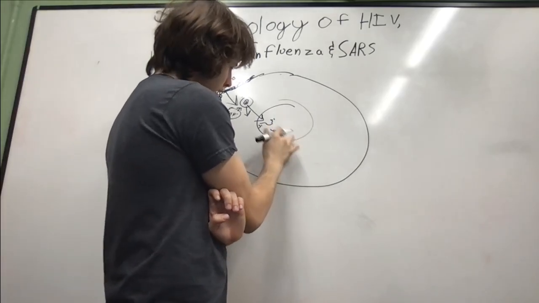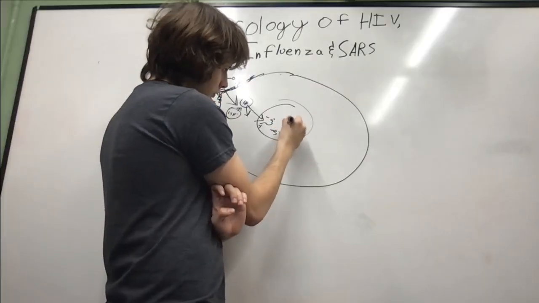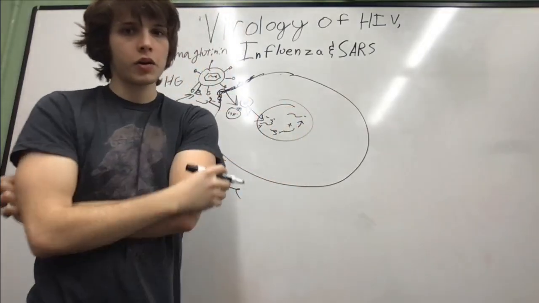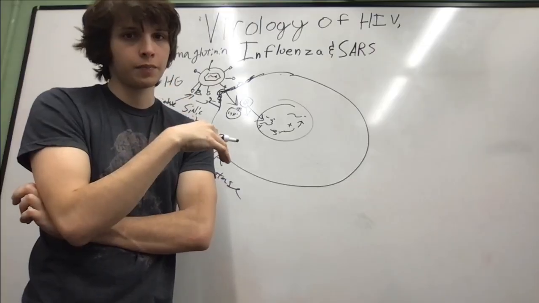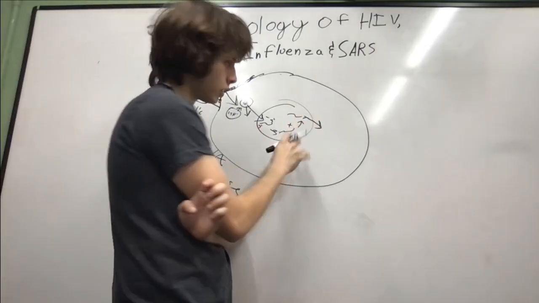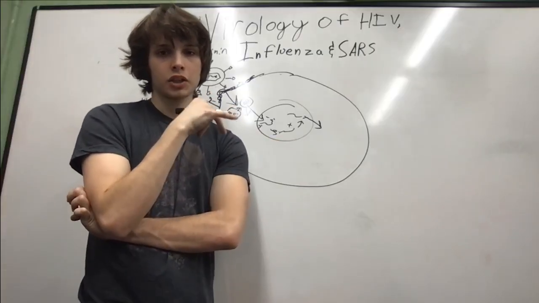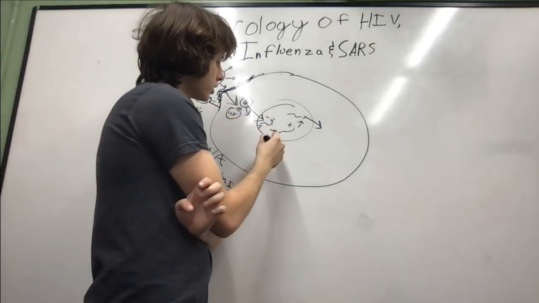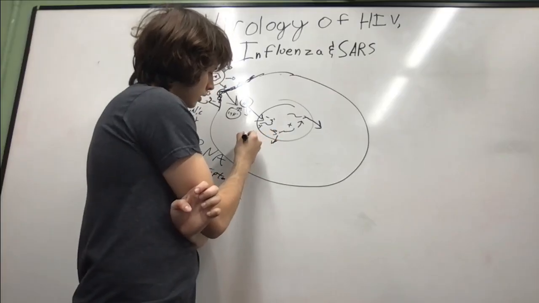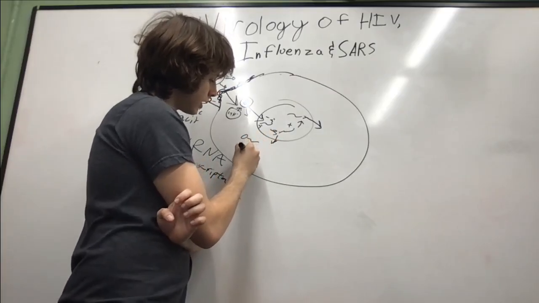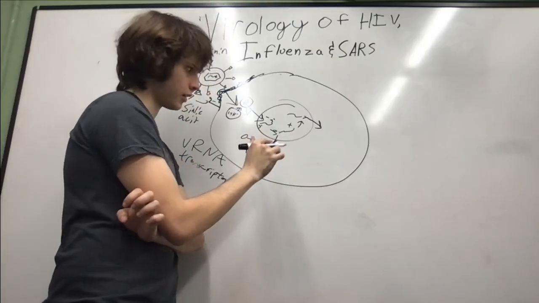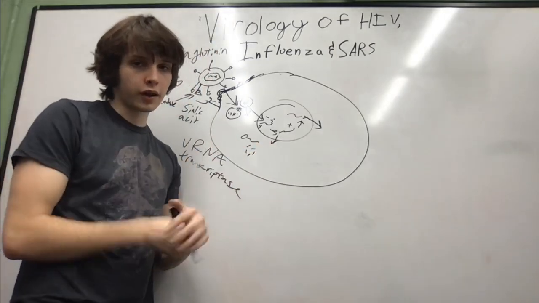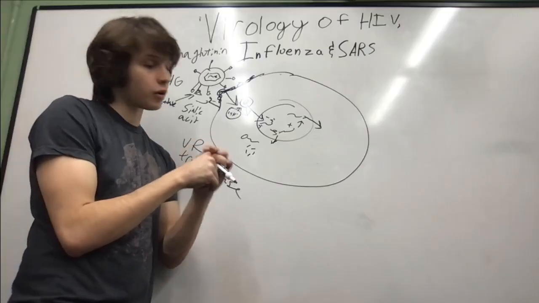I'm going to draw them as positive and negative. This is negative, positive, negative. Okay, so that's how I can form vRNA back into the system, which can leave for later. So let's keep that in mind. Additionally, you will have your sense create the nucleocapsid, the capsid, the enzymes in the nucleocapsid, and the viral proteins.